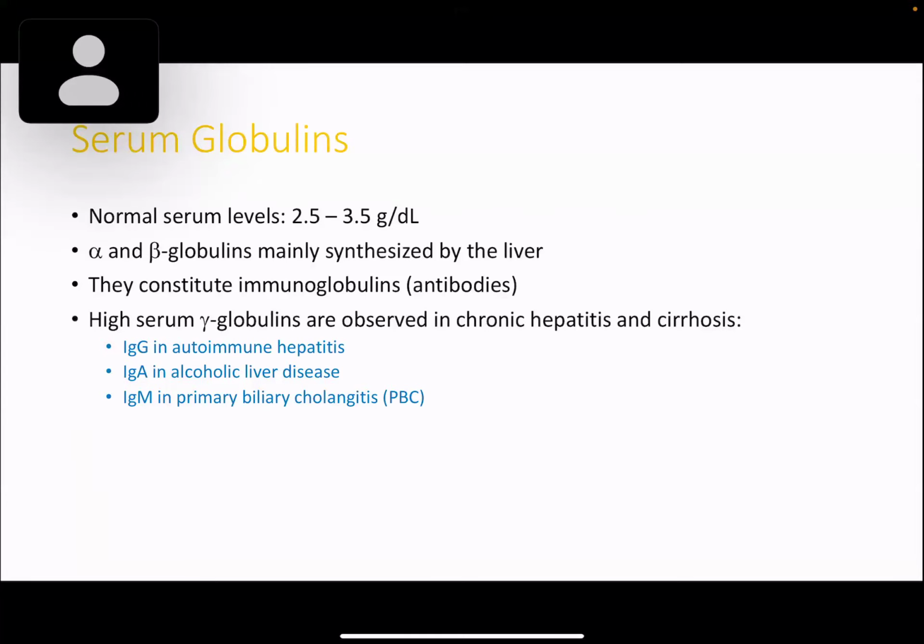Another important group of proteins formed by the liver are the globulins. A normal globulin level ranges from 2.5 up to 3.5. The liver forms alpha and beta globulins and also gamma globulins.